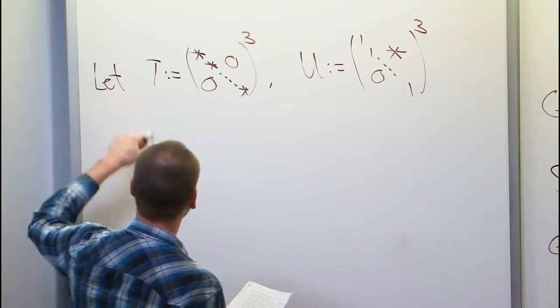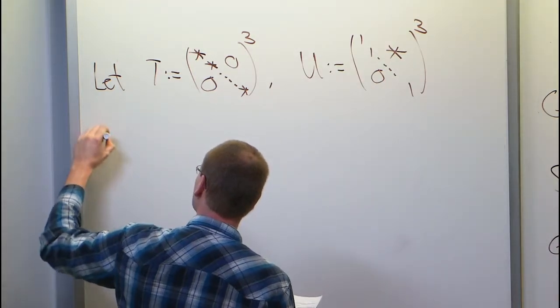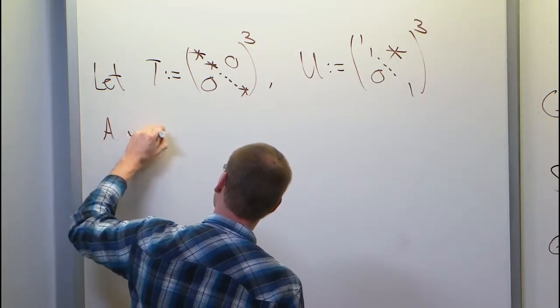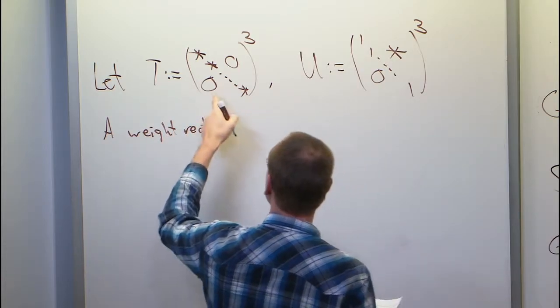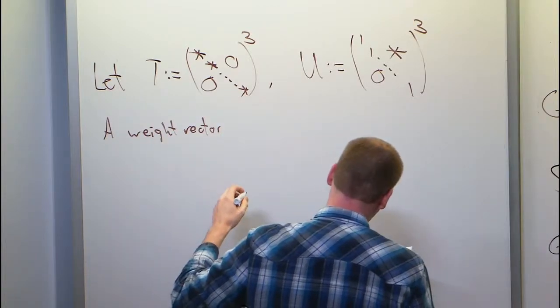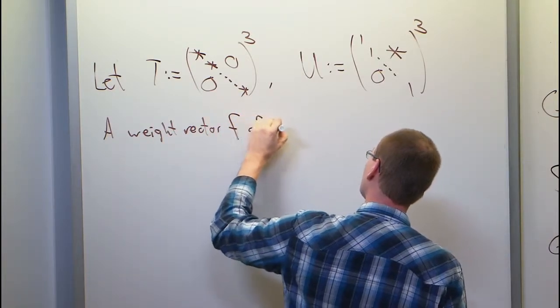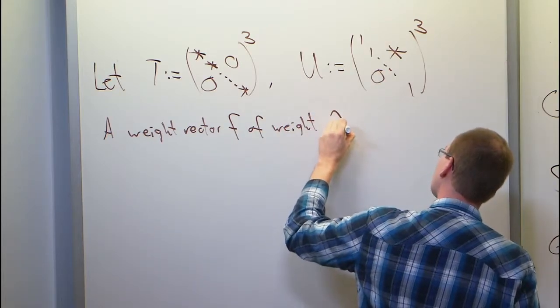And now, first of all, what is a weight vector? A weight vector is some vector that gets scaled if you apply an element of this torus. So a weight vector f of weight lambda.